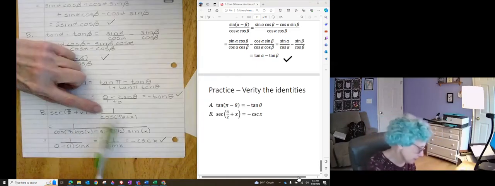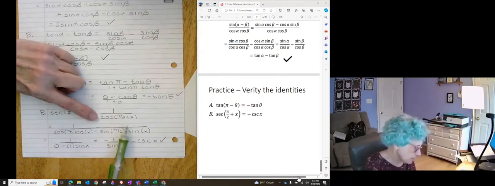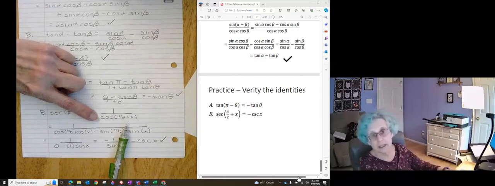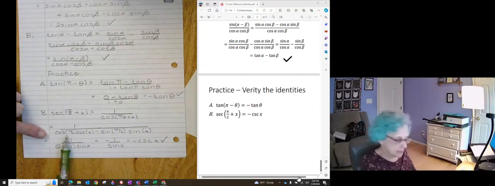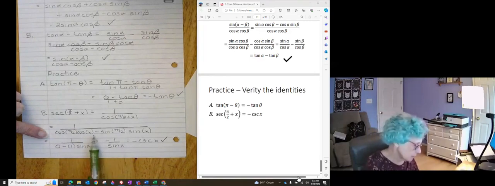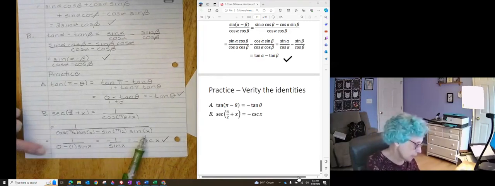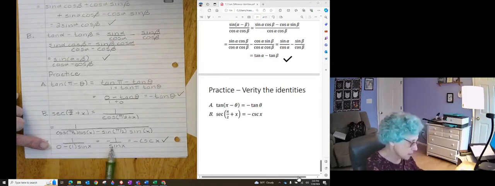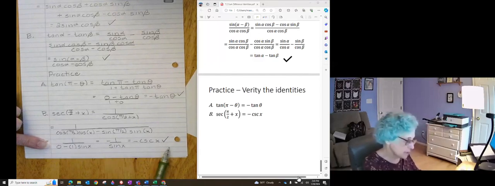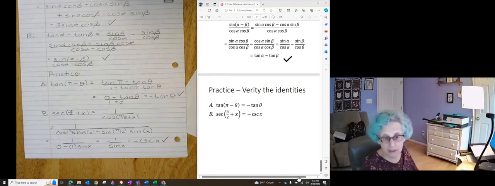Easy enough. Secant of pi halves plus x is the same as 1 over cosine of pi halves plus x. So 1 over cosine of pi halves cosine x minus sine of pi halves sine x. The cosine of pi halves is 0, so you end up with just negative 1 over sine, which is cosecant.